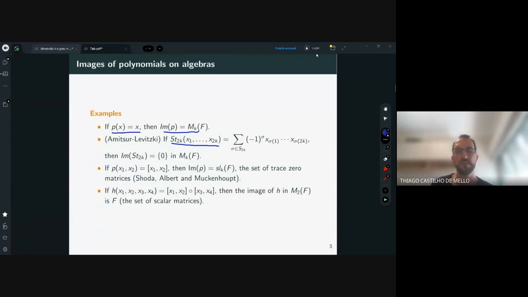So I'm identifying here the center of the matrices with the field F. This example is for 2 by 2 matrices, but we know that there are examples of central polynomials for matrices of arbitrary order. So we could consider here another example for any matrix of any order. So these are some examples of sets which can be realized as image of some polynomials.